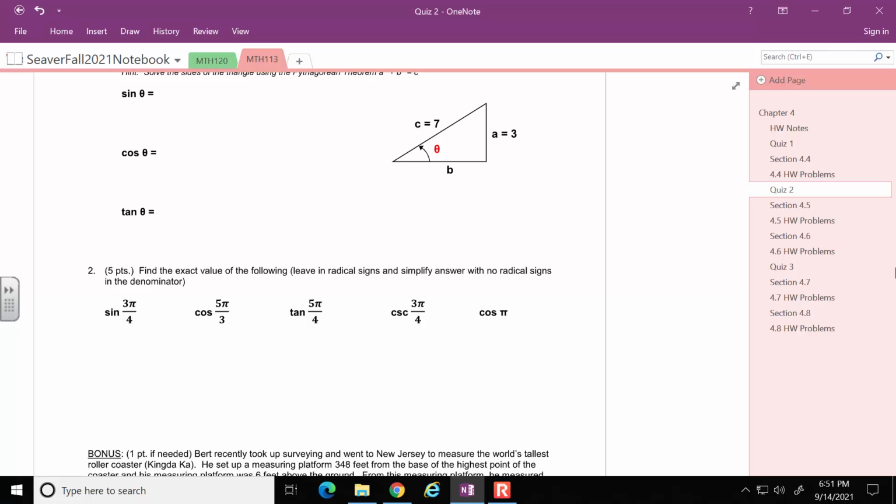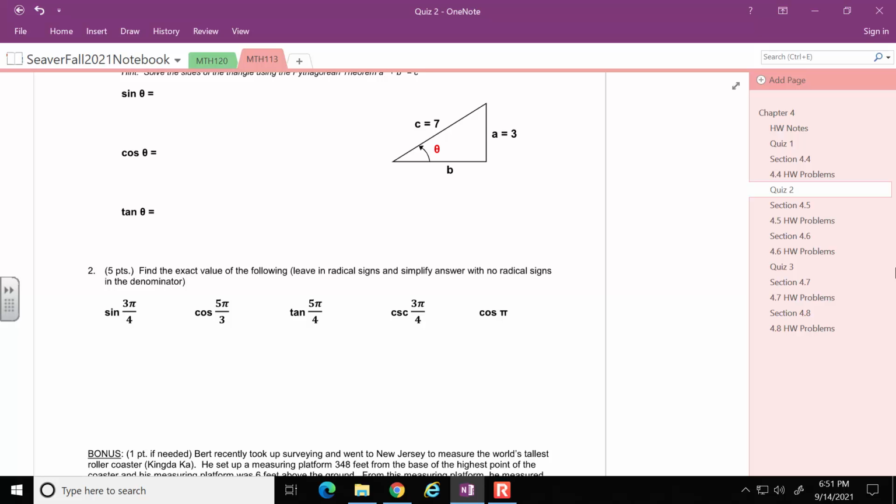So the x value is always your cosine, the y value is your sine. Your tangent is actually this over this, y over x, if you're looking at those coordinates.